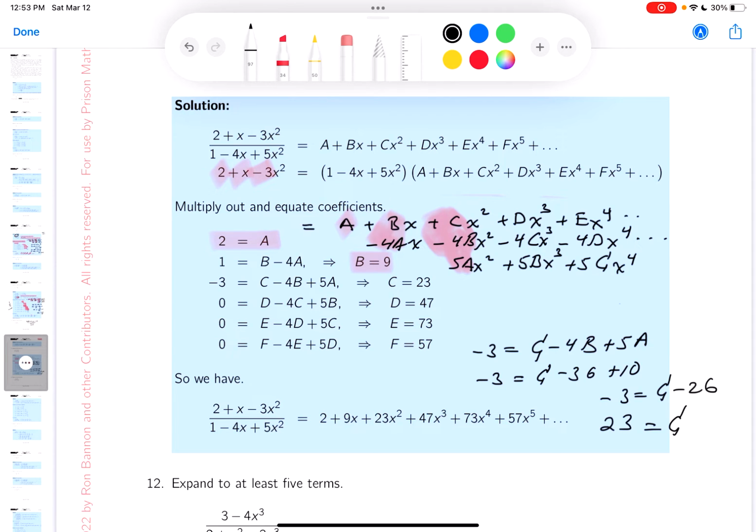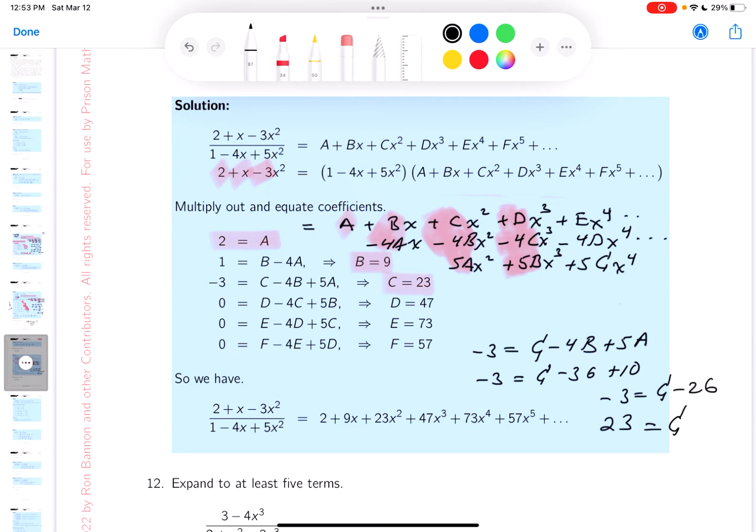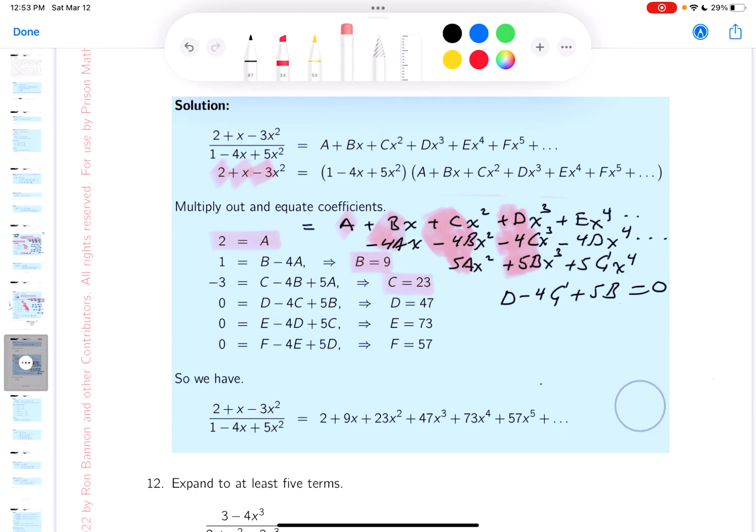Let me point out where that is. That's right over here. All right? I'm going to write the next thing down, which is these things here. And there's no cubes in the problem, so these coefficients have to add up to 0. Let me write that down for you. D minus 4c plus 5b better be equal to 0. Well, let me get rid of the last thing I did. This over here, I don't need it anymore. And I'm working on getting d now.